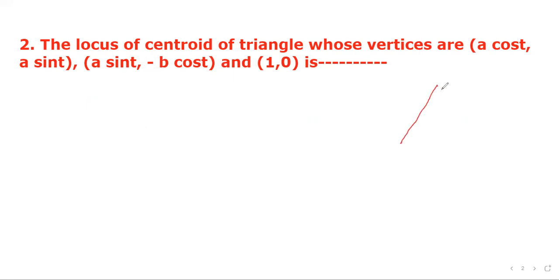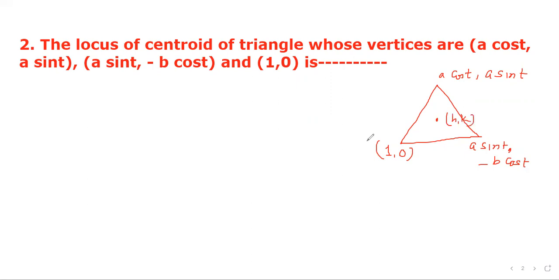We are given a triangle. Points are (a cos t, a sin t), (b sin t, minus b cos t), and this point is (1, 0). The centroid has coordinates (h, k).